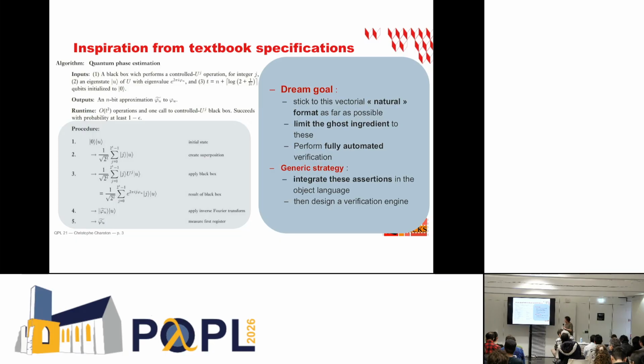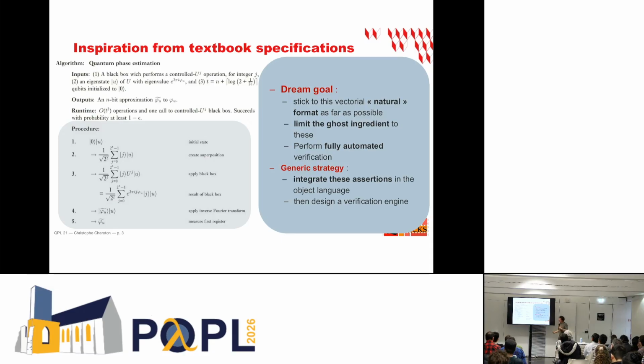So it means that we take it for granted that we will have to input in the program some ghost material, some information talking not about the operations to perform, but about the semantics.